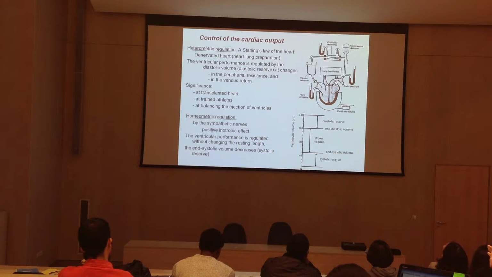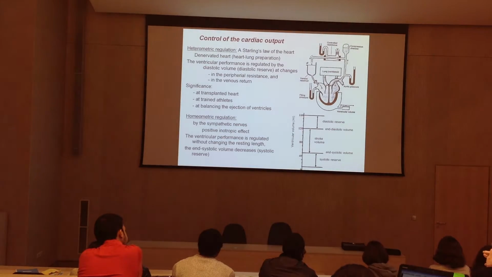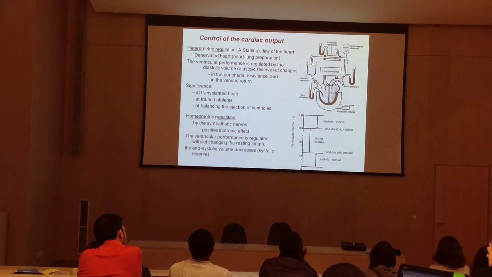And the blood flows through this venous reservoir to the right atrium. From the right atrium, the blood flows to the lung, takes up oxygen, and arrives at the left atrium.